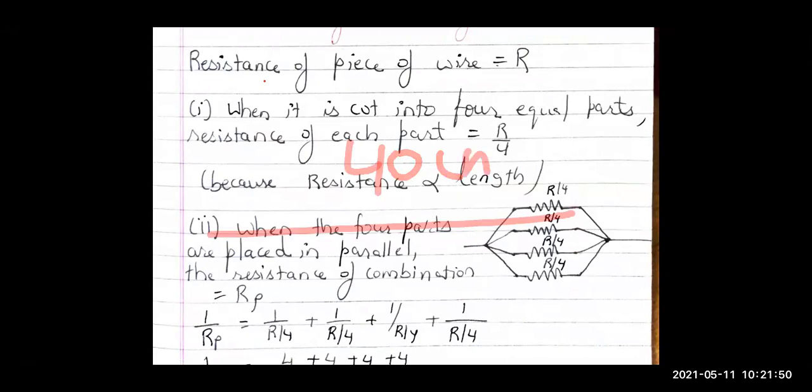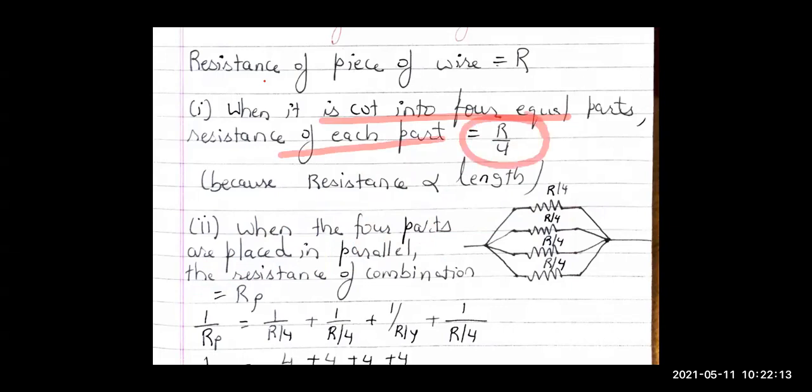Now, if I cut it into 4 equal parts, then it is L by 4, 40 by 4, so 10 centimeter each. So as the length is becoming L by 4, its resistance will also become R by 4. So when the wire is cut into 4 equal parts, the resistance of each part will be R by 4. Got it, beta? Okay.